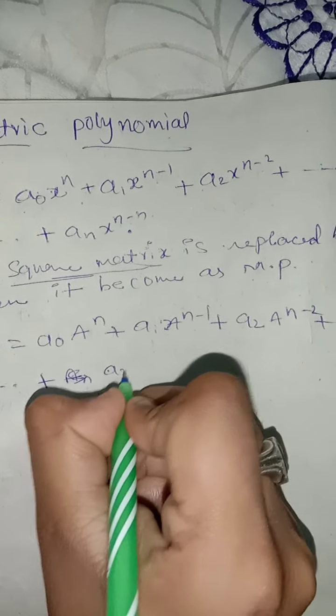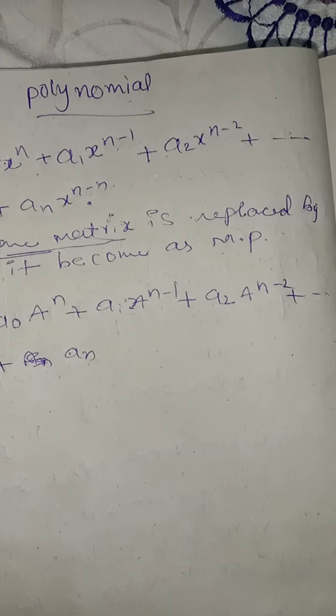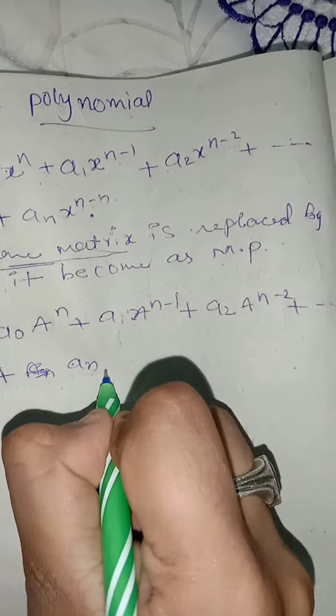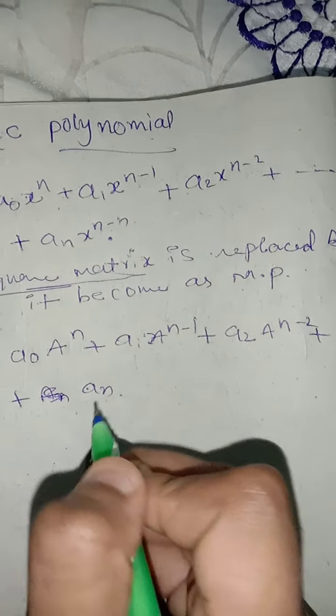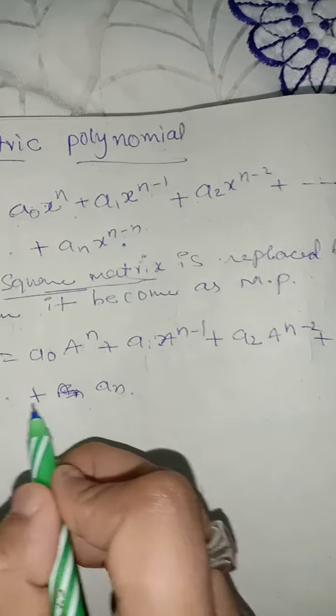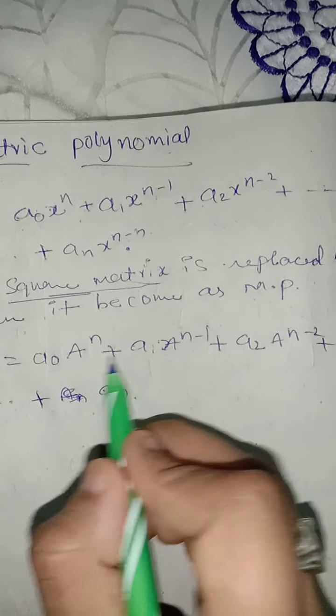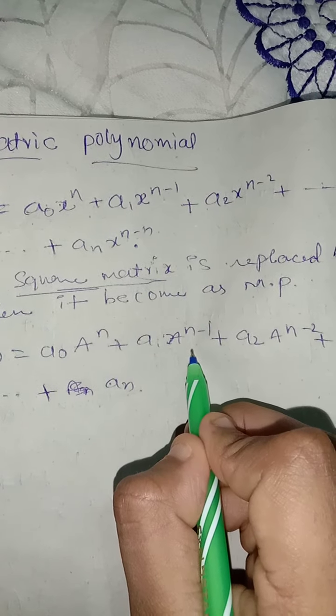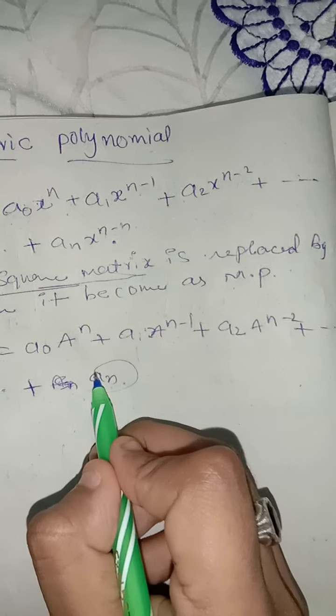Is this representation right? It is wrong. Why? Any matrix cannot be added with a constant.